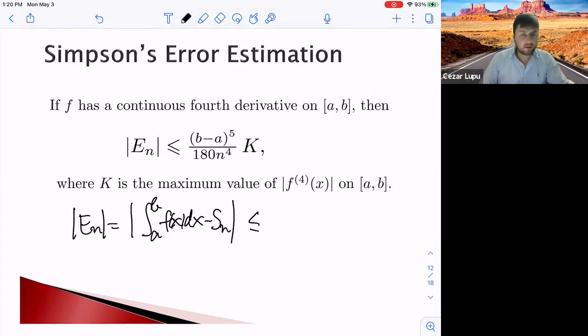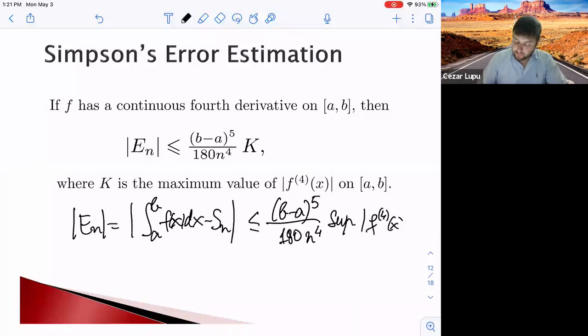We will have that this difference has this estimate: (b minus a) to the power 5 over 180 n to the 4th, times the supremum of the 4th derivative of f of x, when x is in [a, b], provided that this is finite.